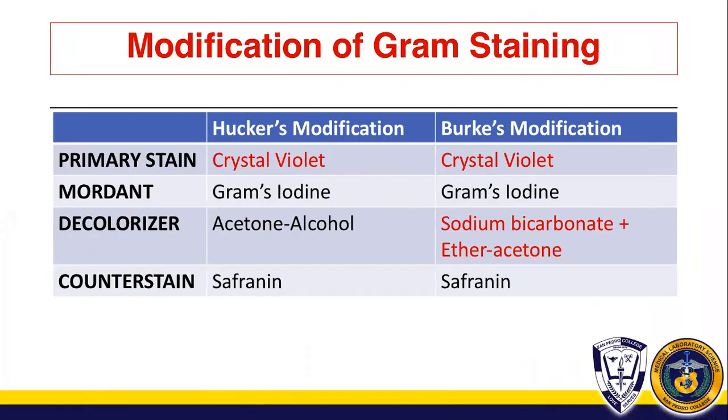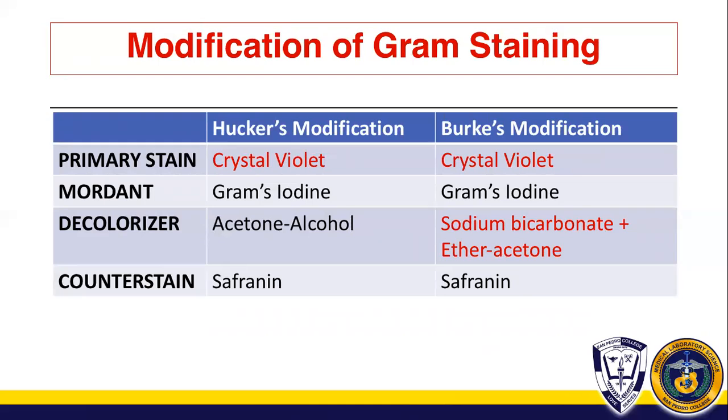We have Hucker's modification, which made use of crystal violet as the primary stain instead of methyl violet. For the mordant, Gram's iodine was used, and for the decolorizer, a combination of acetone alcohol was used. The counterstain was also changed into safranin. Originally, it was dilute carbolfuchsin.